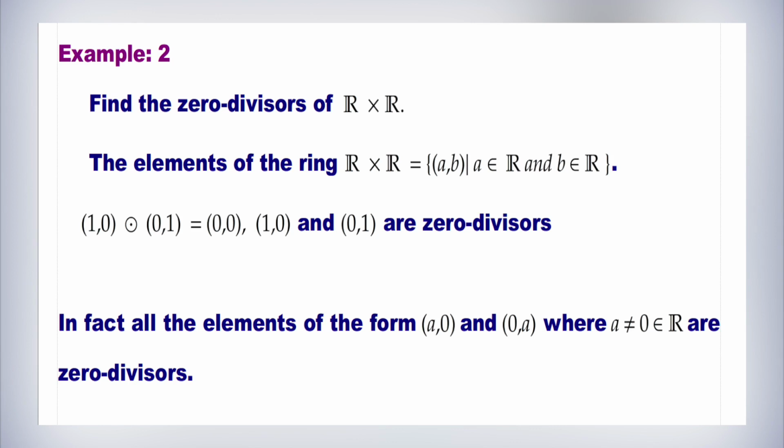The ordered pairs (1, 0) and (0, 1) are zero divisors. In fact, all the elements of the form (a, 0) and (0, a) where a not equal to 0 belongs to R are zero divisors.